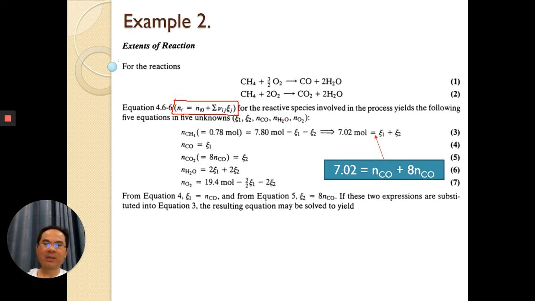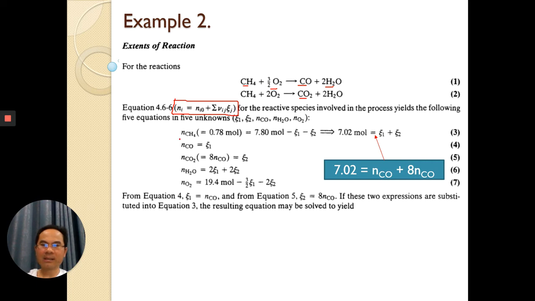Okay, for this case, we have methane, oxygen, carbon monoxide, water, and CO2. We have 5 species involved in the chemical reactions. You can express the moles of methane in terms of the extent of reaction.